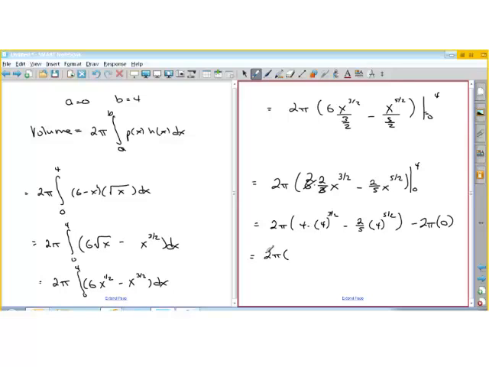So what we'll have is 2 pi times 4. This is going to be square root of 4 is 2. 2 cubed is 8. So this becomes 32. And here we get 2 times square root of 4 is 2. 2 to the 5th power is 32. So we get 32 over 5.